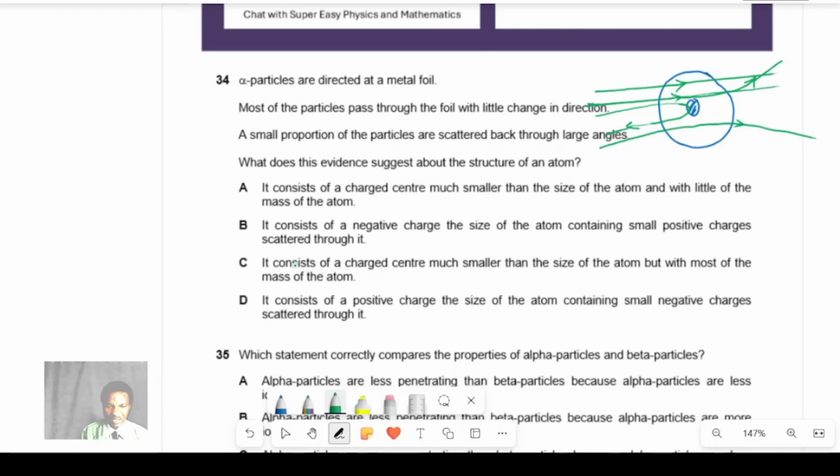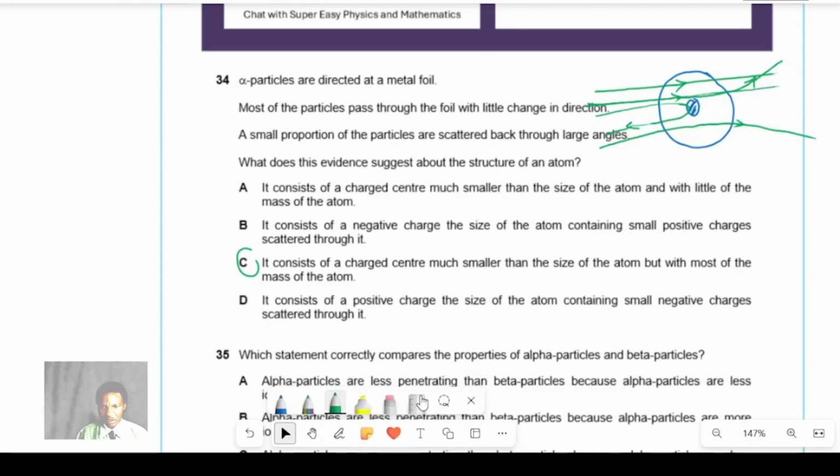The answer is C. It consists of a charge center, smaller than the size of the atom in the diagram, but with most of the mass of the atom. So that's why the deflection takes place here. The nucleus is massive, but its size is very small. That's why most of them pass through.